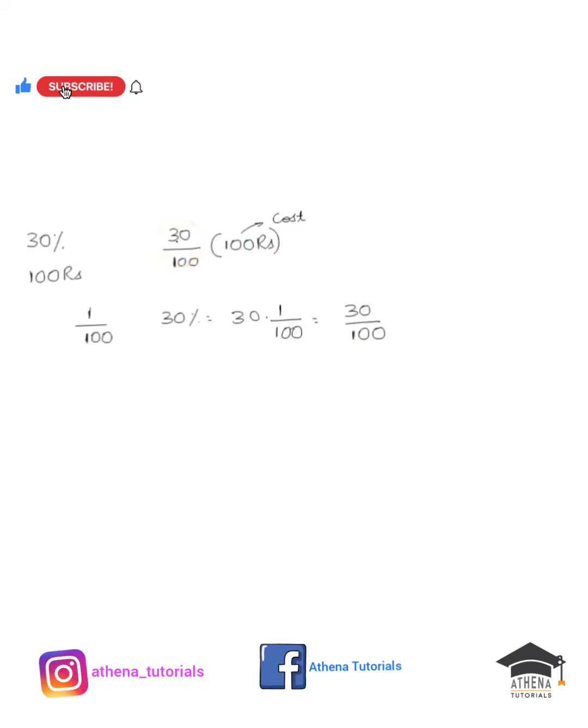So we need to calculate 30% of 100 rupees, then we get the discounted price. So 100 and 100 get cancelled, so 30 rupees will be the discount value. Hence you will pay 100 minus 30, which is equal to 70 rupees to the shopkeeper.